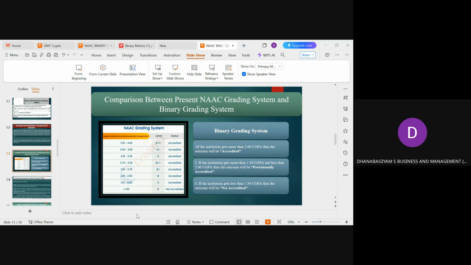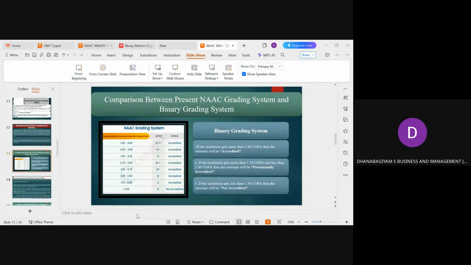So as of now we have seen the benefits of the binary accreditation system, and the transformation and transition from the earlier NAAC to the current binary accreditation system, that is the binary grading system. Earlier the parameters evaluated were criteria 1 to 7.